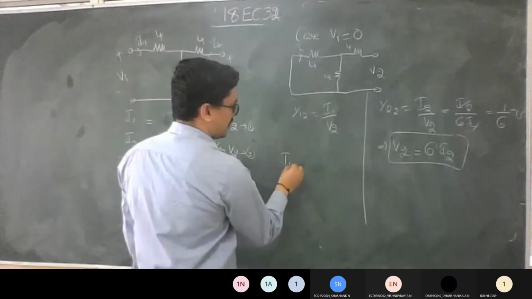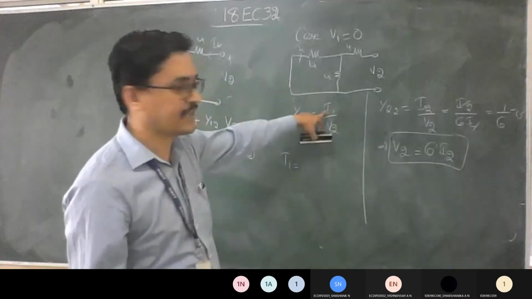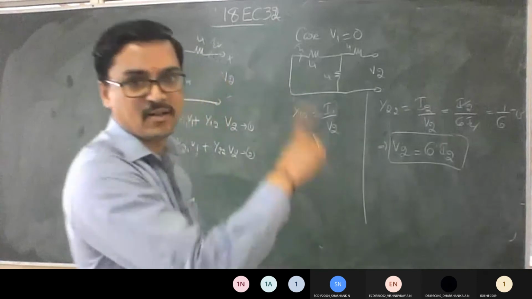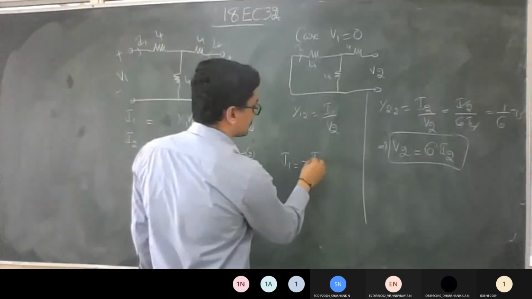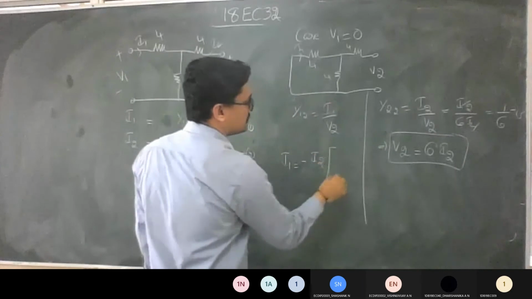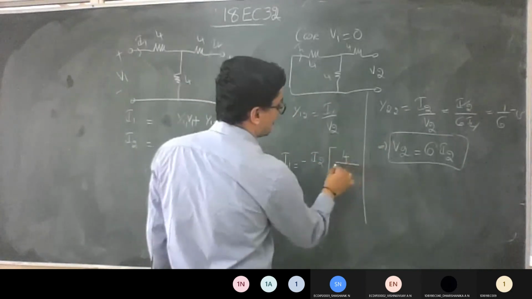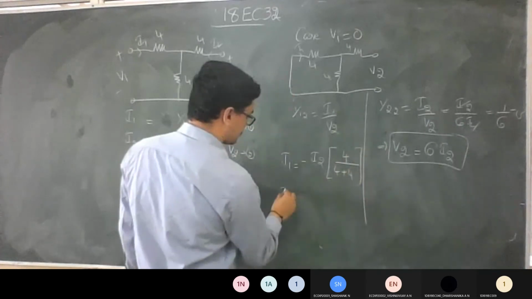I want I1 in terms of V2. I1 is equal to, again the same minus, both are in opposite directions here. So minus I2 into the opposite resistor divided by the sum of two resistors. How much is this?